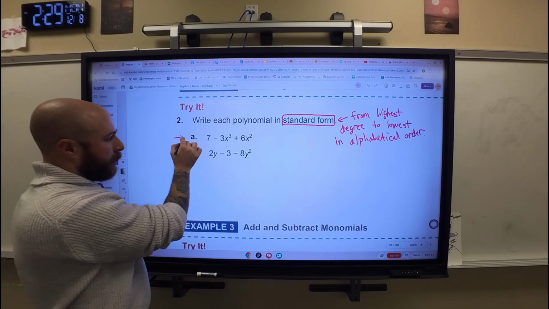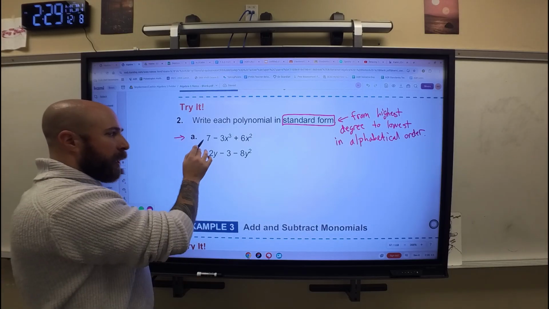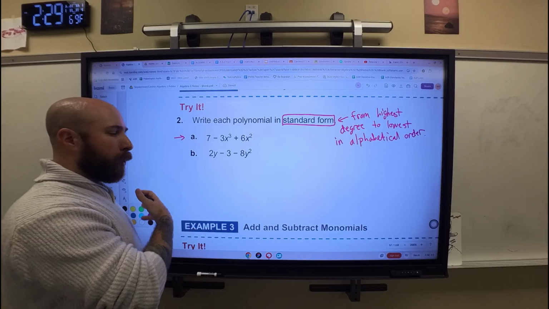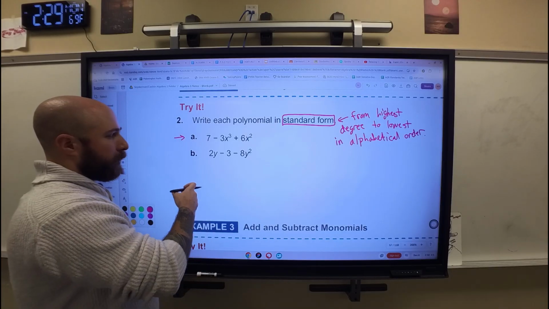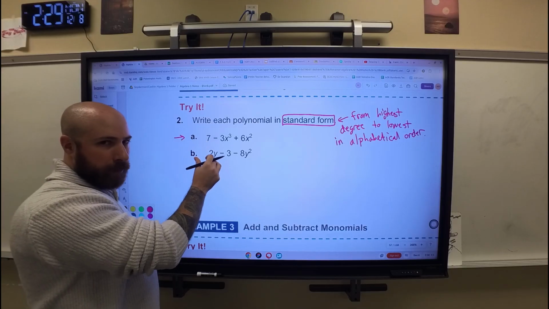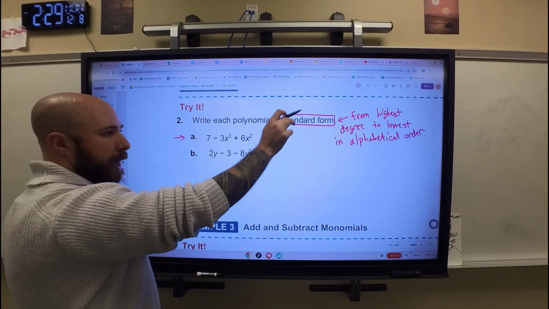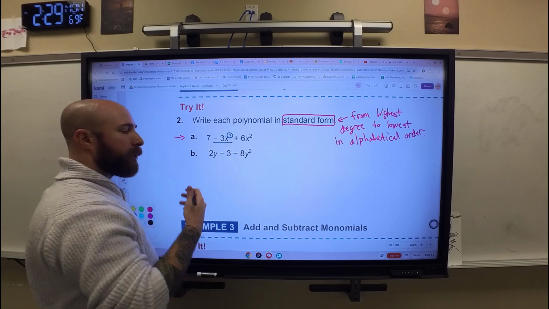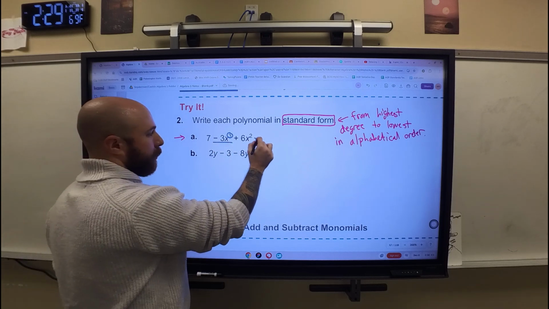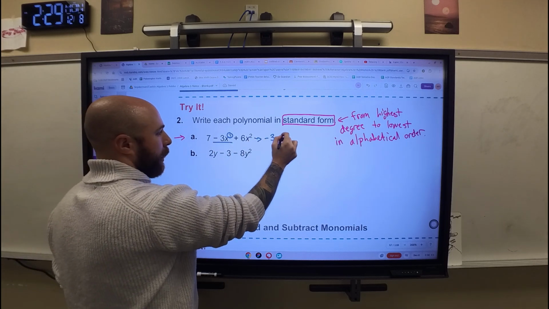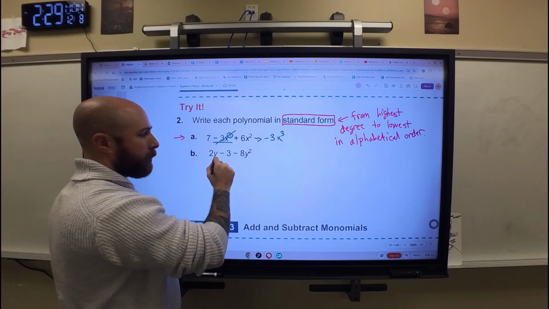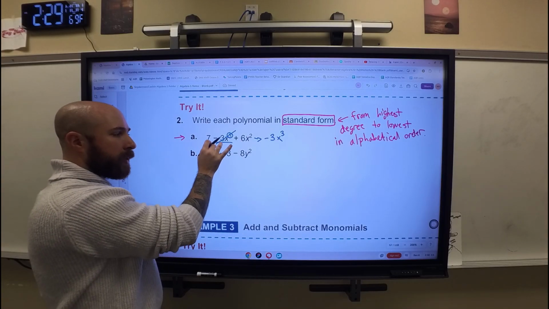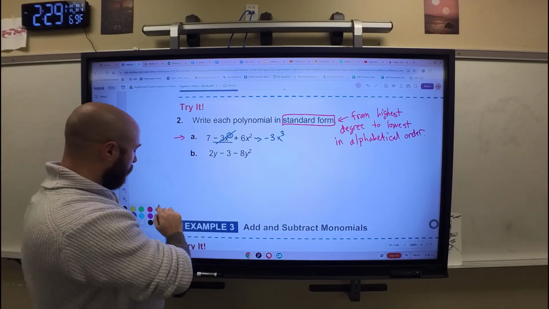We can see here in part A, we have 7 minus 3x to the third plus 6x squared. It just looks off because the 7 is coming first. So when we say the highest degree, we want to look for the highest exponent first. That term has to come first. So the negative 3x to the third has to go first. And that negative has to come with it because it's attached to the 3.